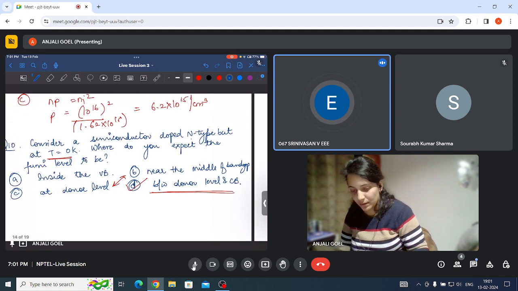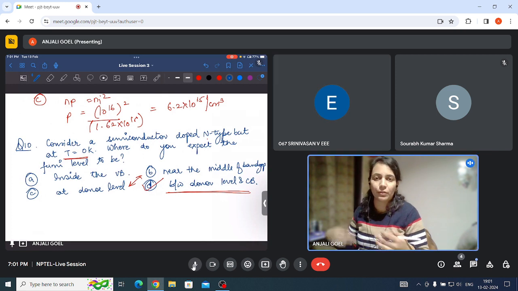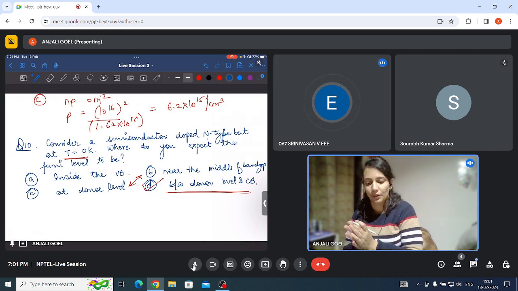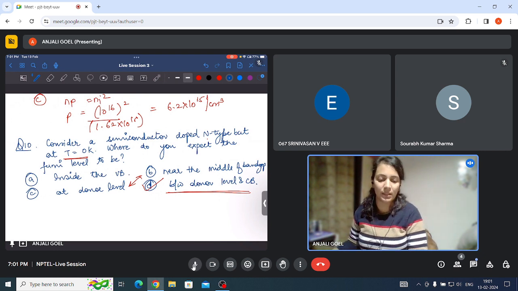Ma'am, it can be B, right? In the middle of the band gap, that depends on the band gap that you're selecting, but if we consider silicon at normal conditions, not entirely, because at 0 Kelvin we consider it to be in some sort of insulating phase only.